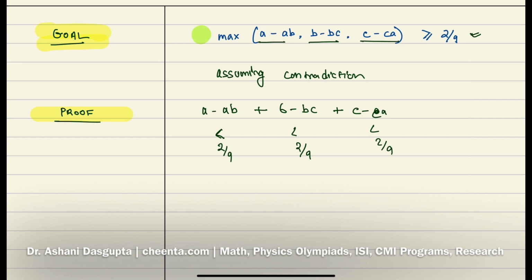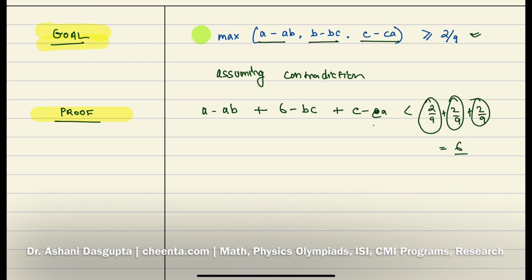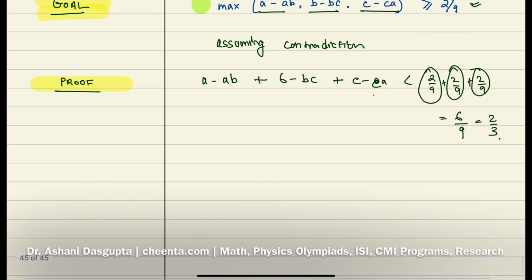Each of them is less than 2 by 9. So the sum of them is less than 2 by 9 plus 2 by 9 plus 2 by 9, which is 6 by 9, which is 2 by 3. So assuming contradiction, we start with this statement and we will show that something goes wrong. That is, a minus ab plus b minus bc plus c minus ca, if we assume that all of them are less than 2 by 9, then the sum will be less than 2 by 3.